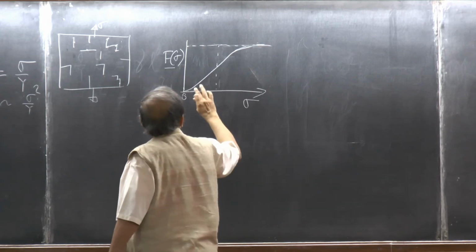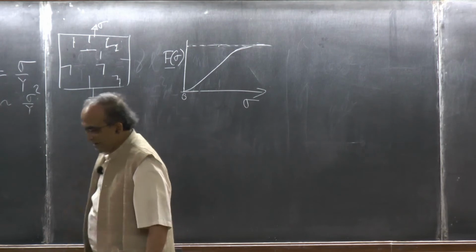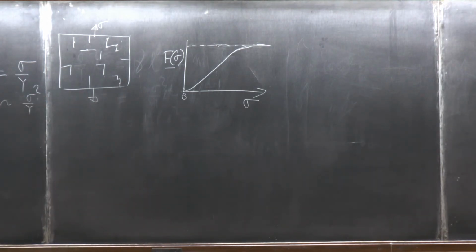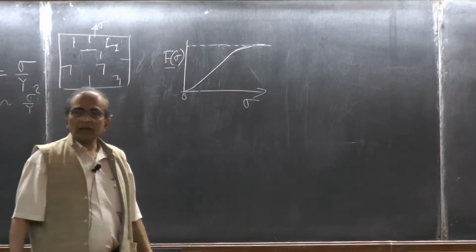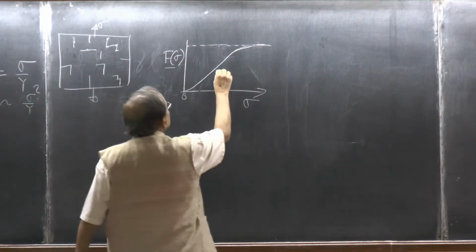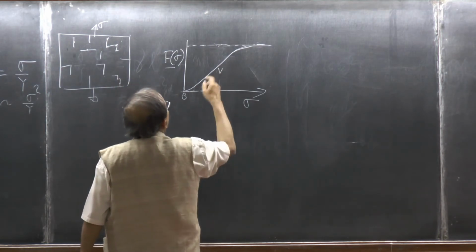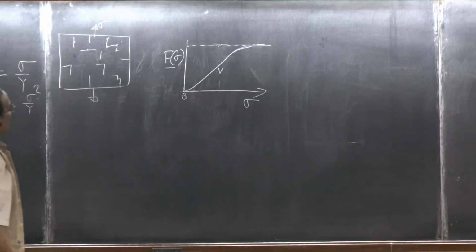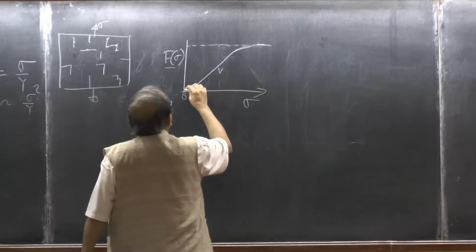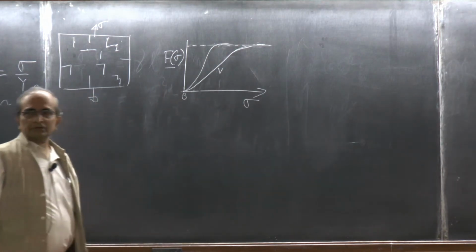But you will see something like this, and there was another thing. Suppose the volume of the sample, the same kind of sample, same material, from the same kind of production system, has a higher volume, then it is going like this.